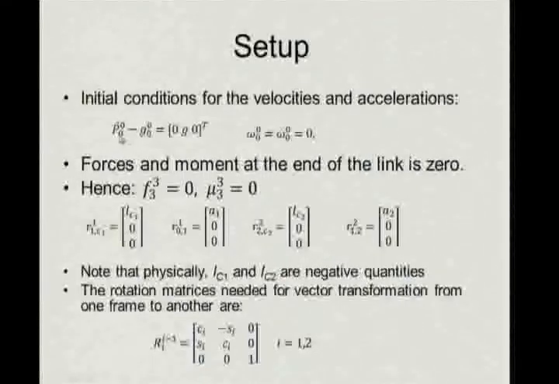So, if you take p0 dot minus g0, that will get p0 double dot minus g0, then you will get this vector 0 g0. And the initial angular velocity, we assume that the frame is otherwise okay. So, it is just translating upward in the vertical direction with acceleration g, there is no rotation of the frame.